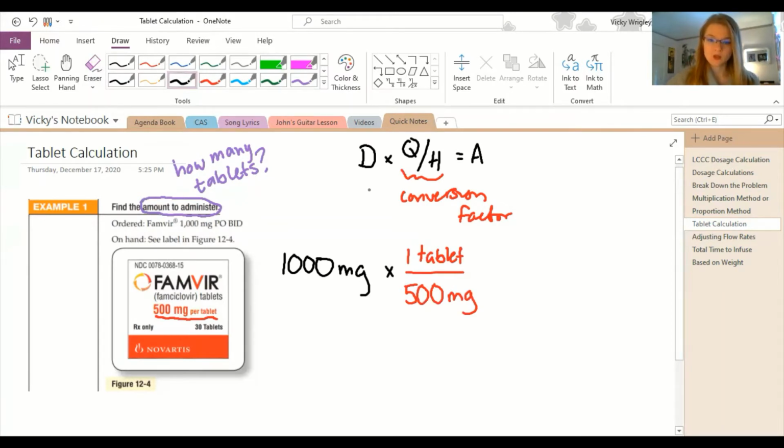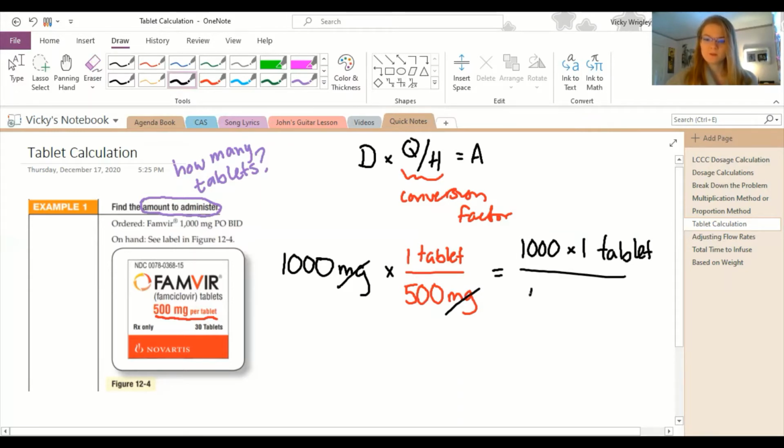Now, we make sure we cancel out our units when we do our multiplication. The milligrams here, from the dosage ordered, the desired dose, are going to cancel out with the milligrams for the dose on hand. And we have 1,000 times 1 on the top here, tablets, over 500.